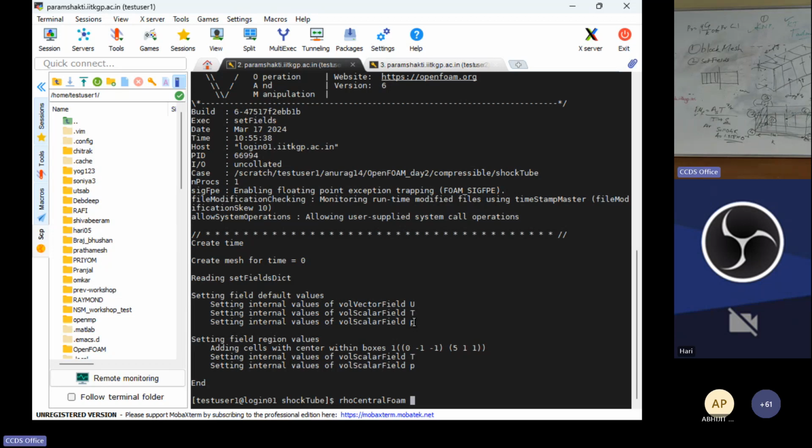You have put a forward slash over there. That's fine. When I did ls, I don't know why it's happening. There must be some problem. So after that, you need blockMesh. After that, setFields, and then close it.